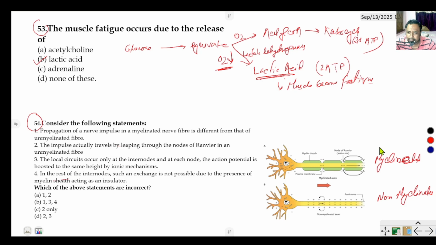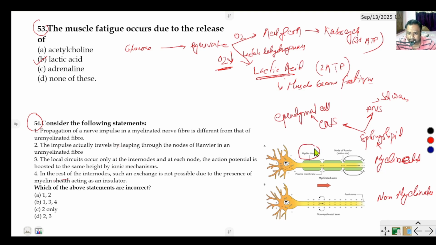Myelin sheath is a type of lipid, sphingolipid, and in the case of the CNS, central nervous system, it is produced from oligodendrocytes, but in the case of the peripheral nervous system, it is produced from Schwann cells. This green colored myelin sheath does not conduct nerve impulse.